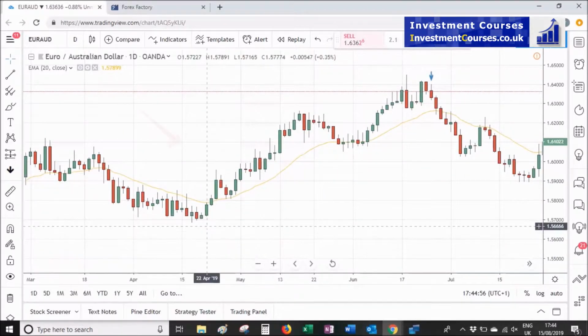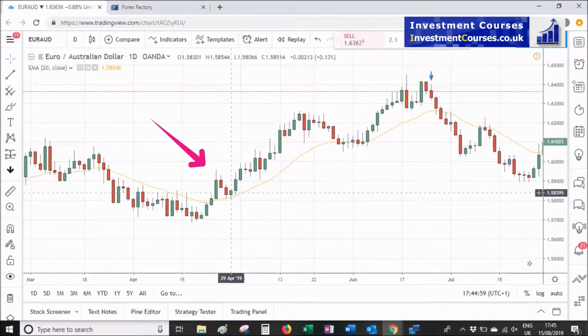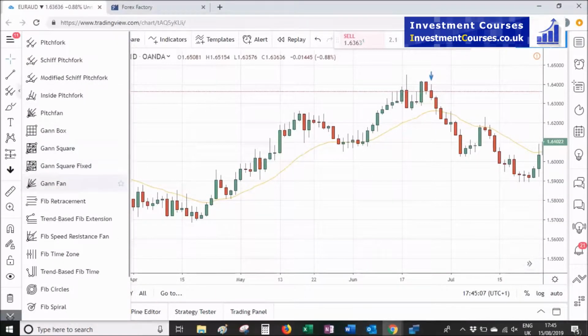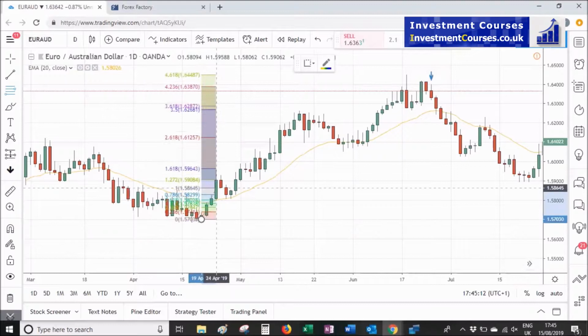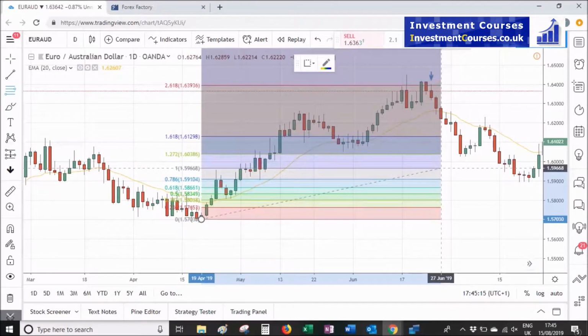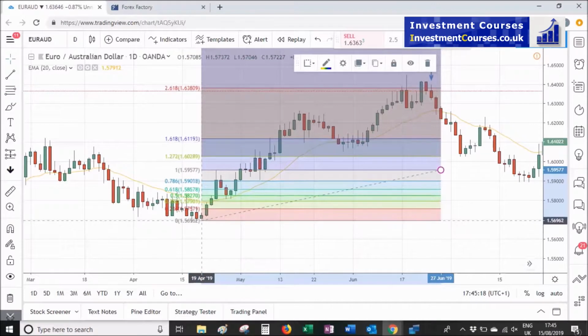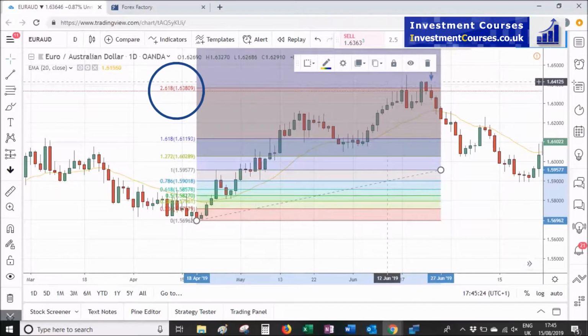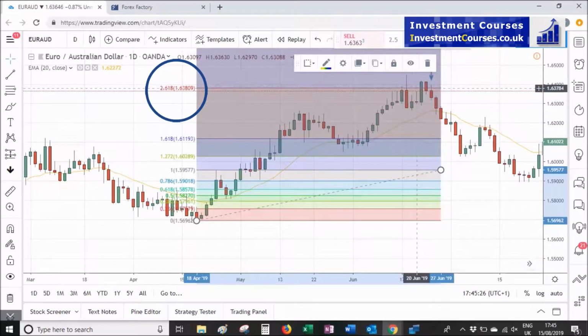We have wave 1, wave 2, and if we use Fibonacci on wave 1, it shows the total movement would be around 261% of wave 1. This is the beginning of the movement, this is the end of wave 1, and 261% is here. So when price reached this level, we already knew that the price had done its 261% movement of wave 1.